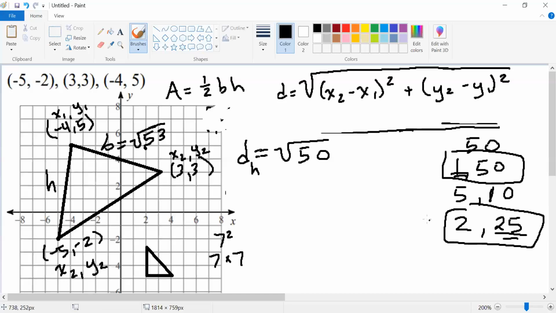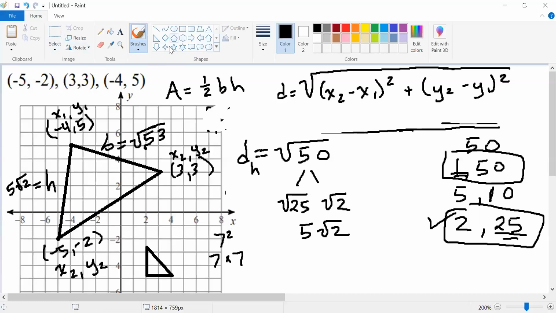And between these two, this one is the biggest one. So I can break this up as the square root of 25 and the square root of 2. Square root of 25 is just 5, so 5 square root of 2. So that is the distance of my height. It's going to be 5 square root of 2.